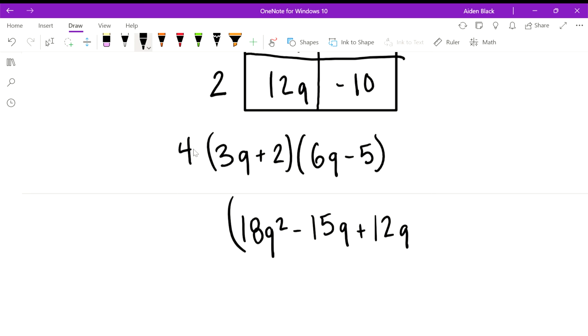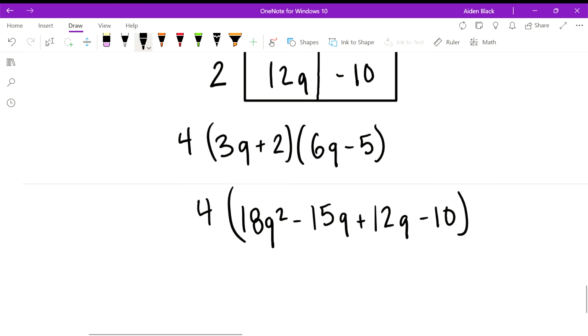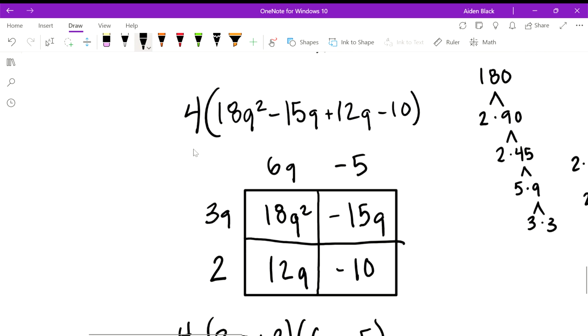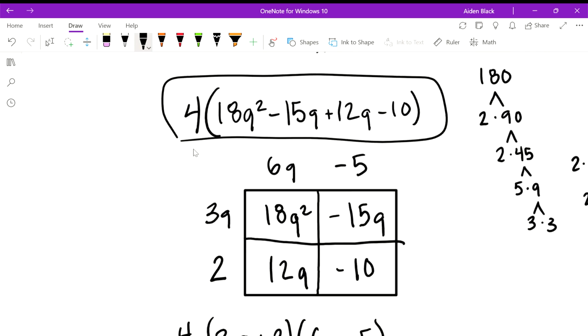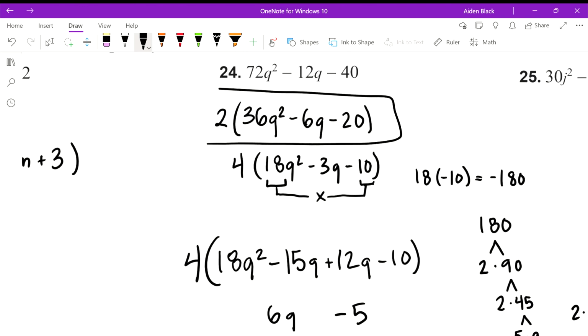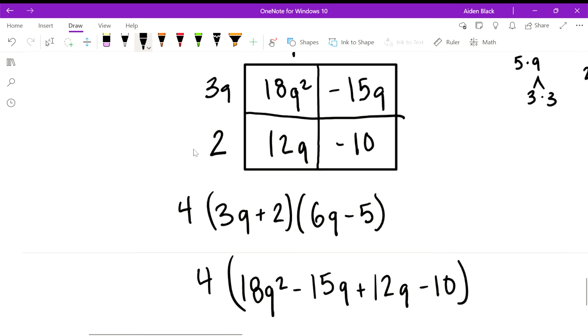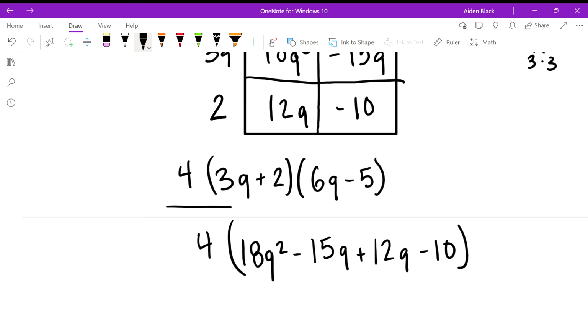And then we have 2 times negative 5 is negative 10. This is all being multiplied by 4. Well, this is what we had right here, which is good. So as long as we had this correct from this step here, then we're good. We have the same equation. This has just been factored out right here.